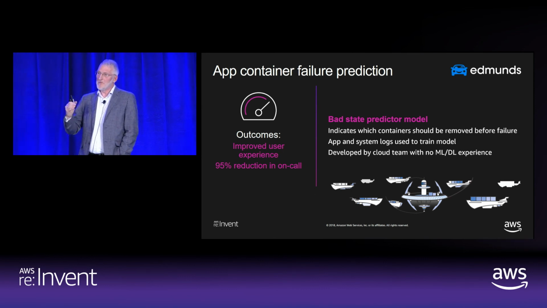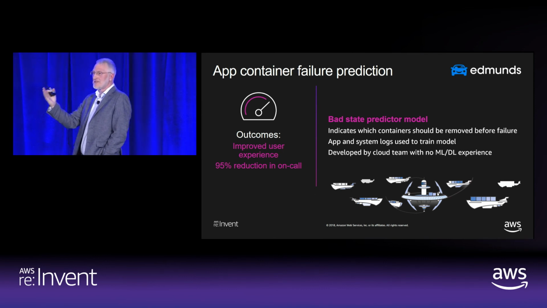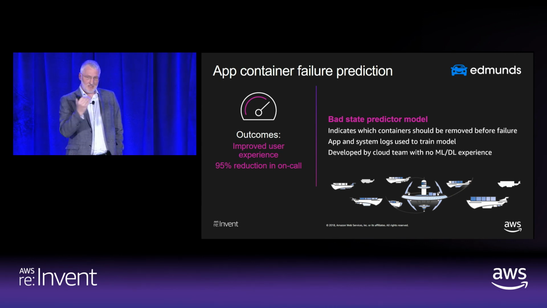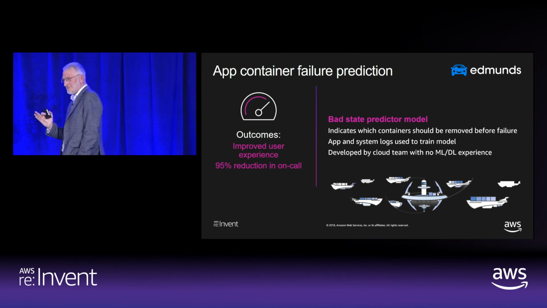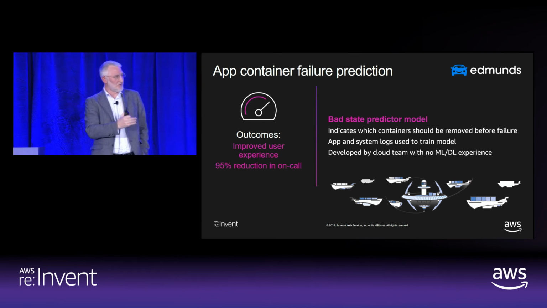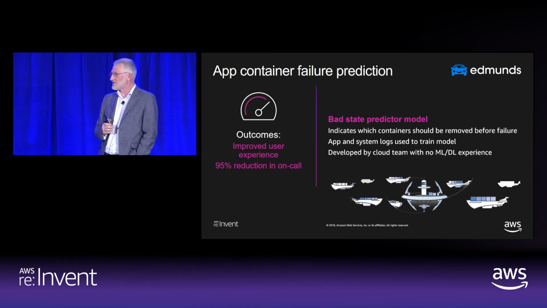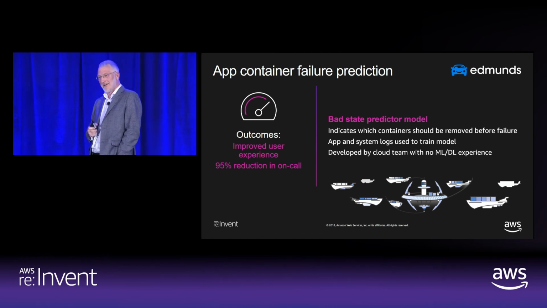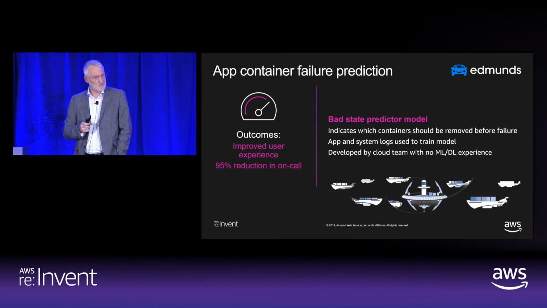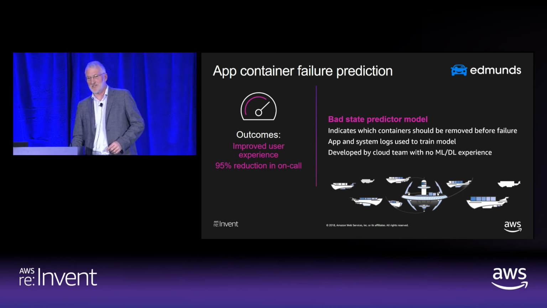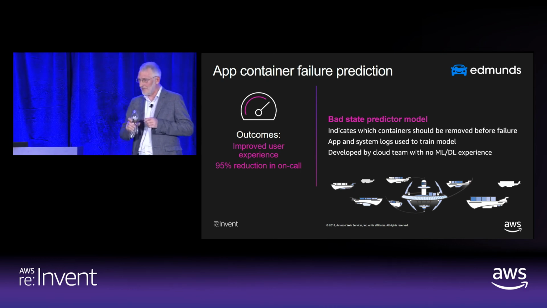And when a container is imminently going to fail, the service gracefully shuts it down and spins up a new one, fully automated. So it resulted, of course, in great cost savings because of a 95% reduction in calls to their call center. That's awesome. But what's even more remarkable is the cloud engineering team that built this, none of them have any machine learning background whatsoever. They have zero knowledge of machine learning.